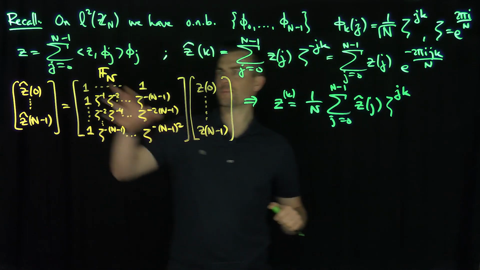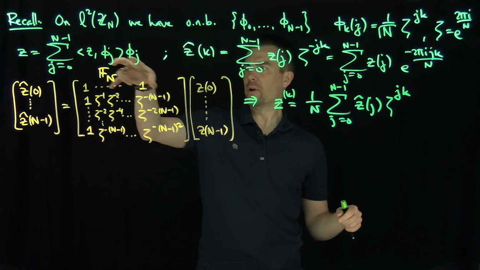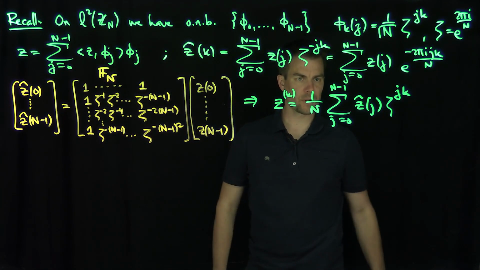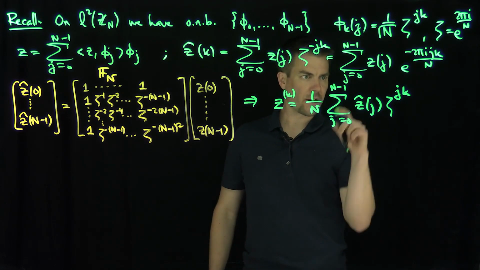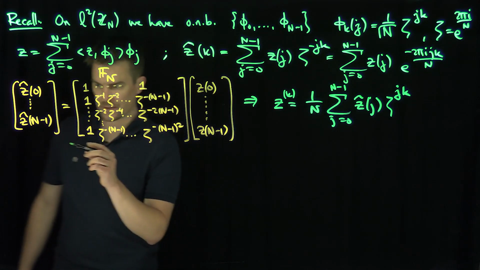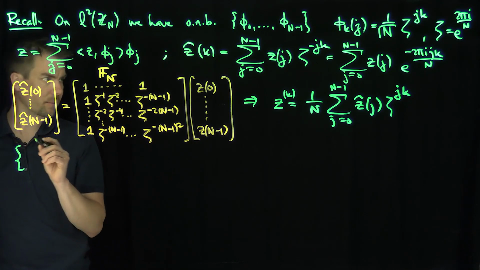Just by pulling out a root n over here and a root n over here, we get exactly this formula. And so this basis, 1 over n times these zetas, is going to be the Fourier basis. So in other words, this is not an orthonormal basis, it's an orthogonal basis, right?